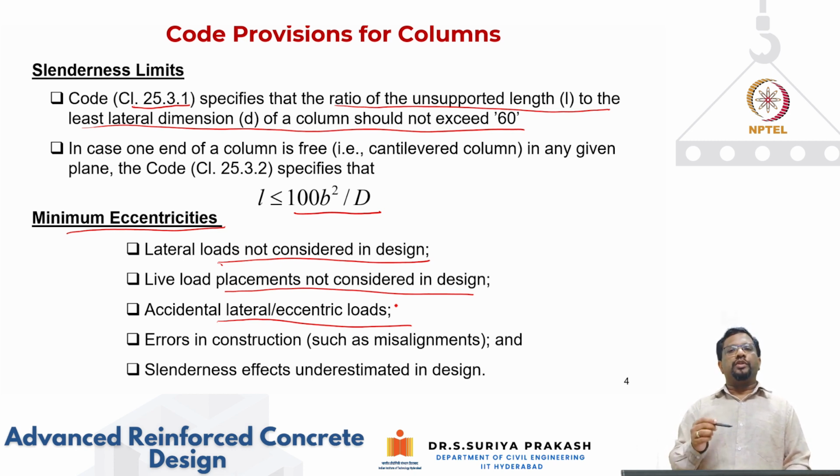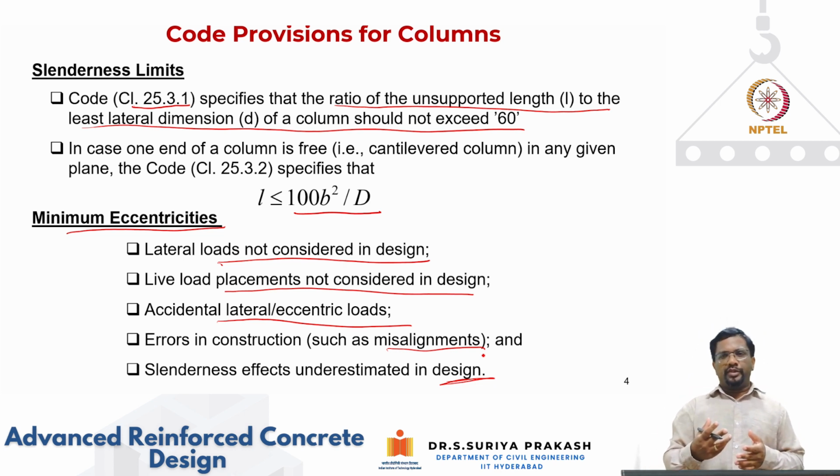The most important thing is you will always have errors in construction such as misalignments. The column may not be straight, so you will have initial imperfections in the construction. That will again induce some bending moment that we need to consider in our design. And sometimes the design engineers may underestimate the effect of slenderness. Okay, because again slenderness we have discussed in the previous parts of the module.